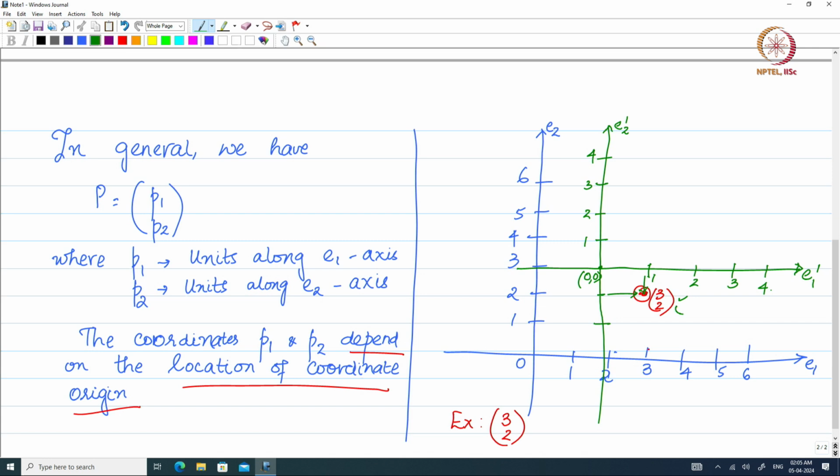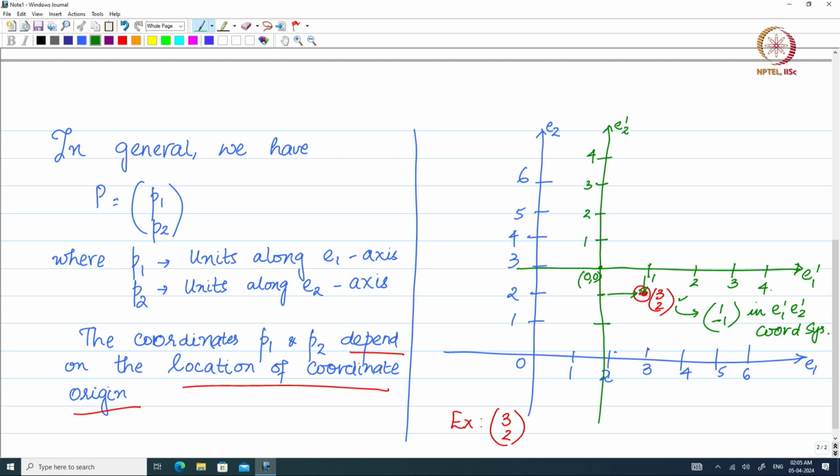So, this point would get translated to (1, -1) in the E1 prime E2 prime coordinate system. That is exactly what we meant by saying if you choose the coordinates to be different, the representation of the point is going to change, right.